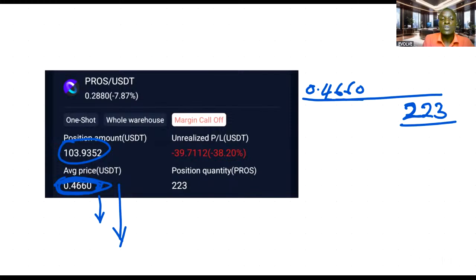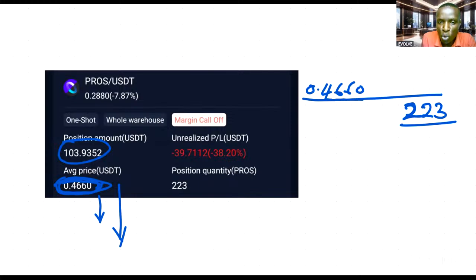Okay. So this is what I'm saying. You bought 223 coins. Each coin you bought at 0.4660.